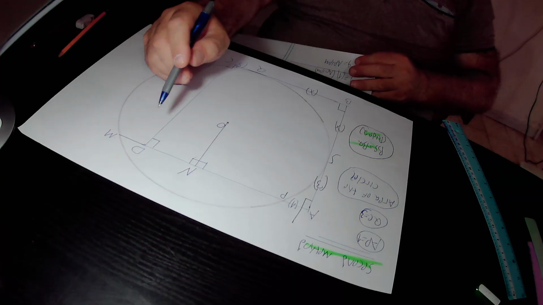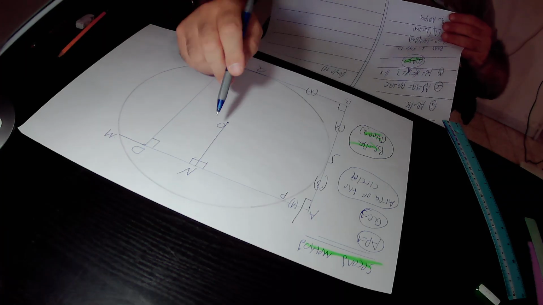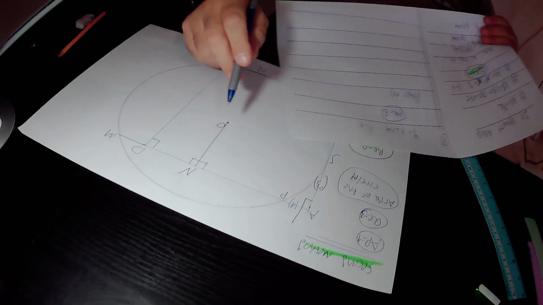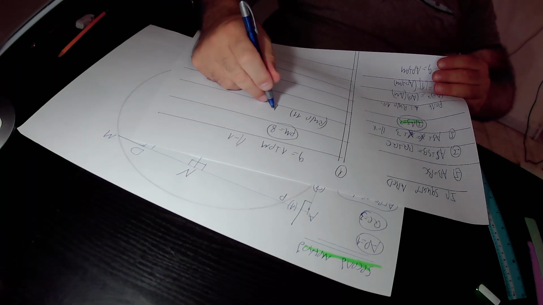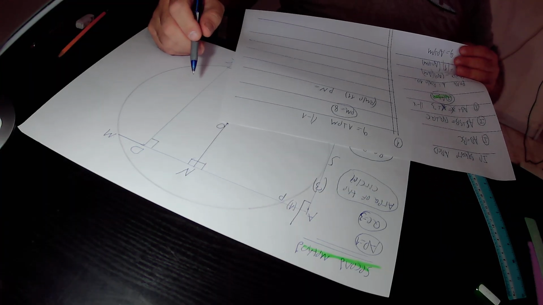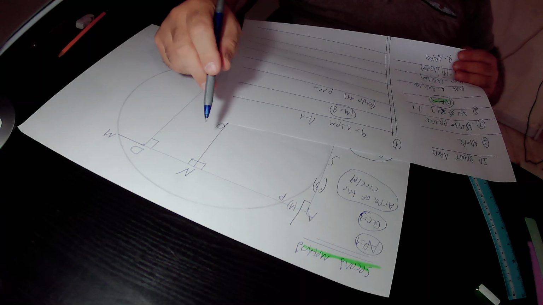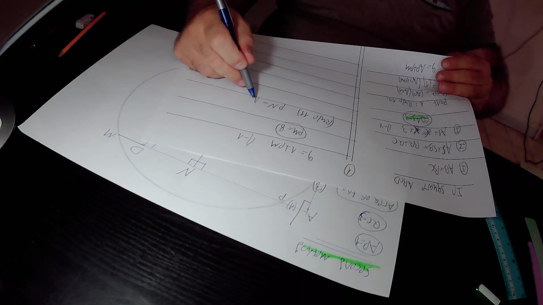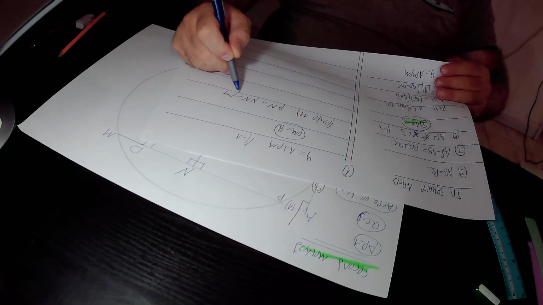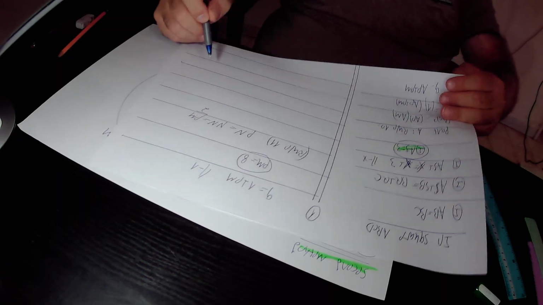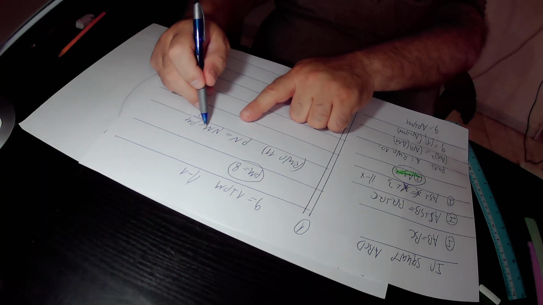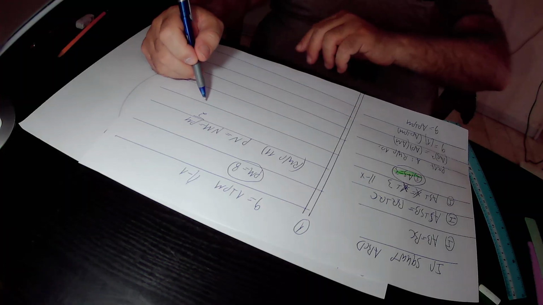So I write it down. Perpendicular ON bisects chord PM. The first half is PN, that equals PM over 2. The second half is NM. Again, each half equals PM over 2. So according to rule 11, PN equals NM equals PM over 2.